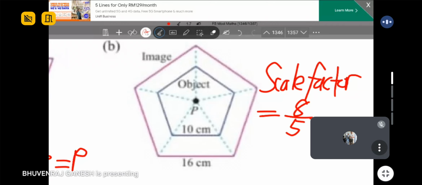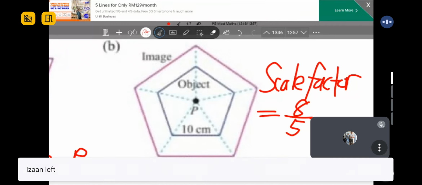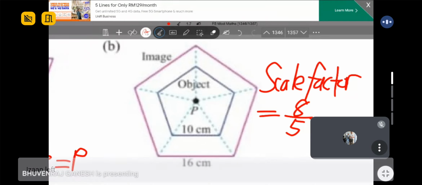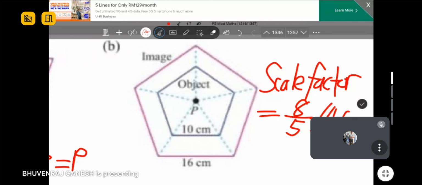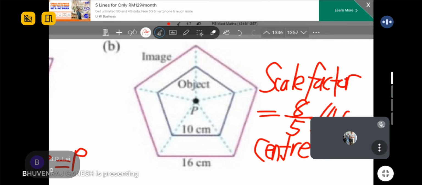Okay, because simplified form. Kamu bagi jawapan dalam bentuk teringkas. Okay, 8/5. Or you can put 1.6. Also can. 1.6. Alright. So center, what will be your center, guys, for this question? Very obvious, right? Yes, the answer is P.